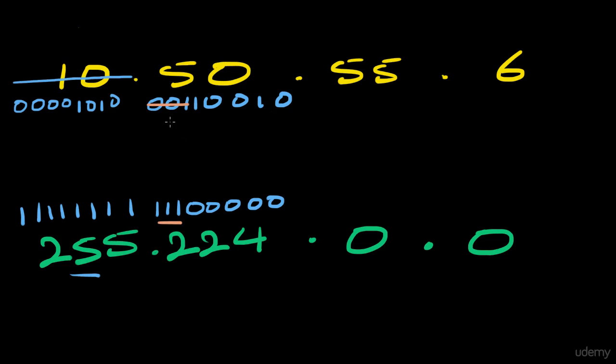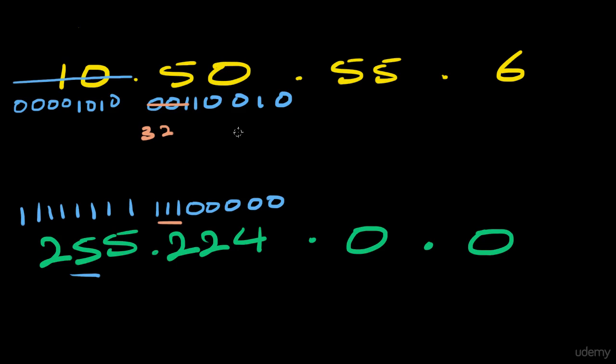So what value is being covered here? The value of these 3 bits, well, this is the 128 column, 64 column, and 32 column. There is only a 1 in the 32 column, so the number being covered here is 32.